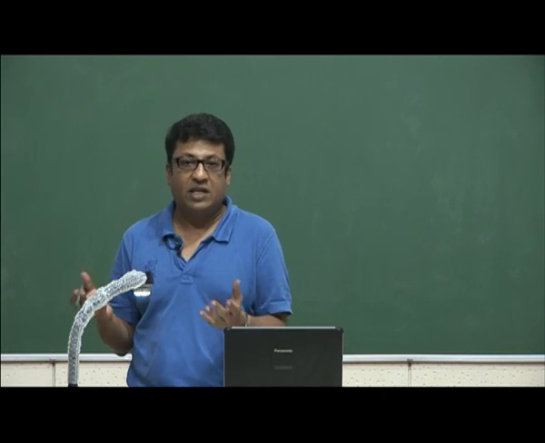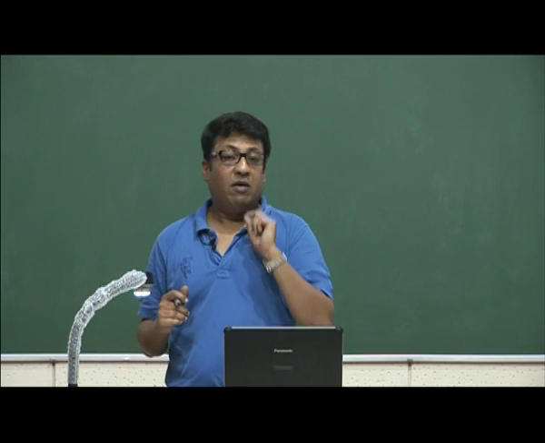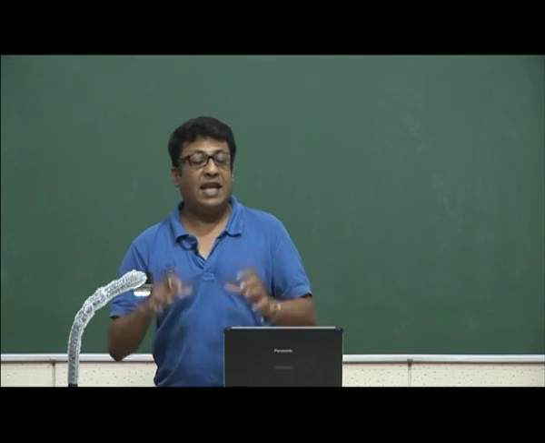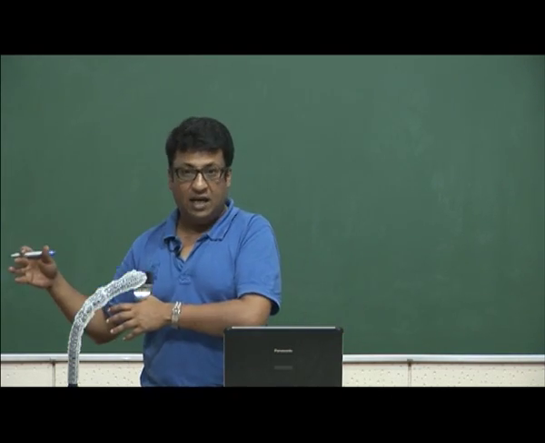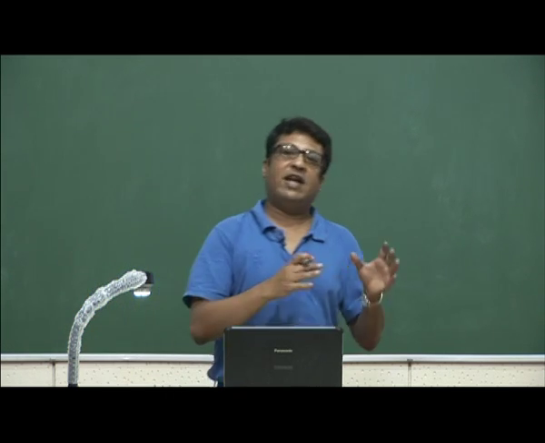There is no rate, there is no change in this thing. But remember, it is not that A is not reacting with B. If A reacts with B to give C and D, then C and D react to give A and B.